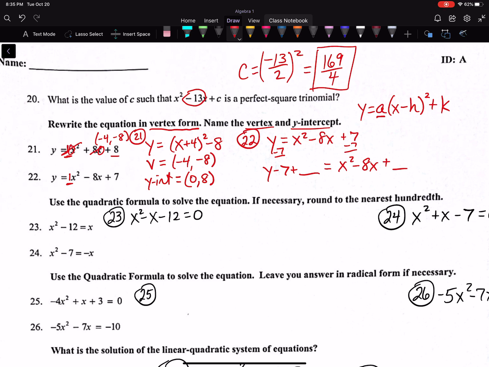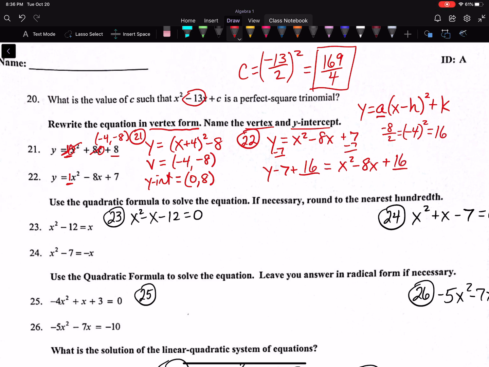We take our b, which is -8, and we divide it by 2. Not -2, just 2. And that will be -4. And then we square -4, which will be 16. So we're going to add 16 to both sides.